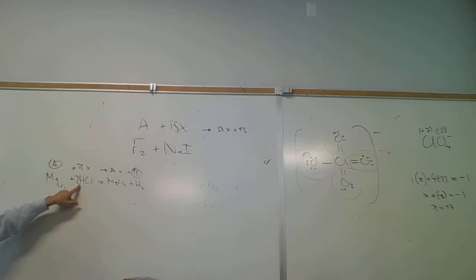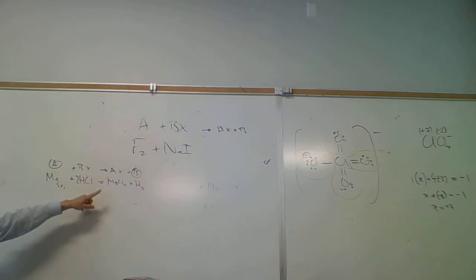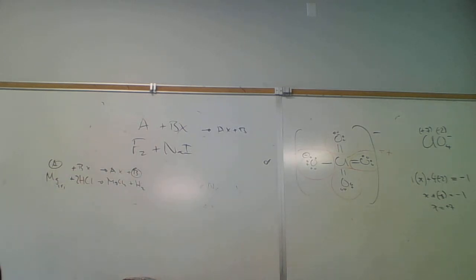Well, B went from +1 to 0, and X went from -1 to -1, so X didn't change. So if B went from +1 to 0, then it gained electrons. So oxidizers gain electrons. Which one's the species that gains electrons? B.